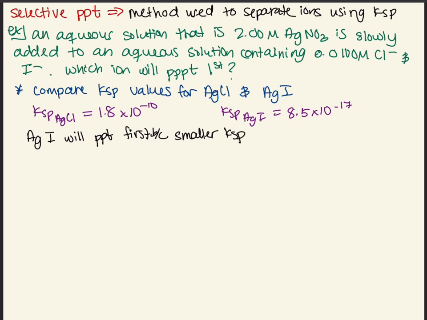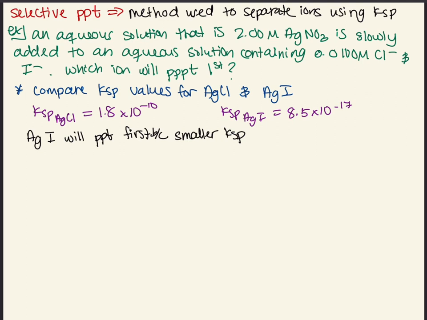So the thing with the smaller KSP will precipitate first because it is going to prefer the reactant side. And like we said, the reactant side is going to indicate the insoluble. So what we can do is go through and calculate the concentration of the iodide and the chloride that is going to be required in the solution.